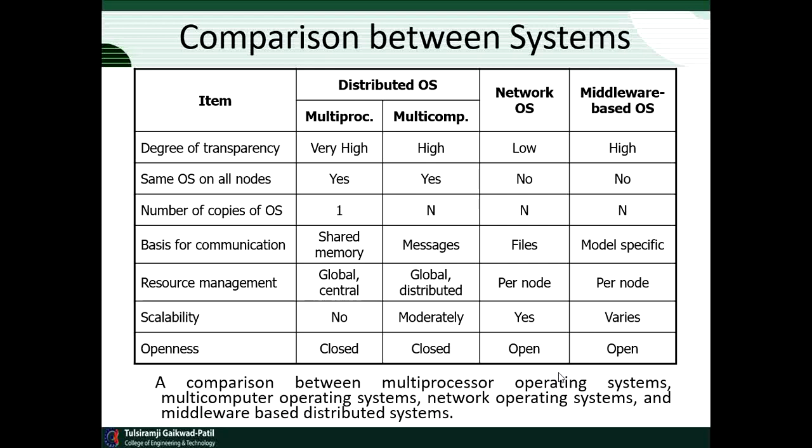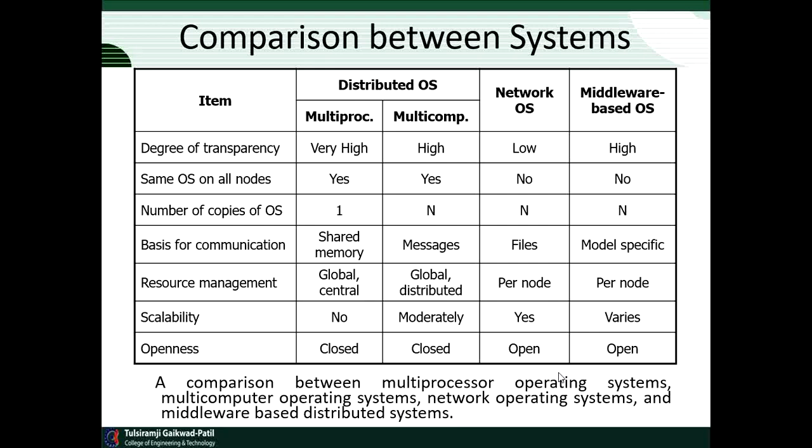Same OS on all nodes: yes, yes, no, and yes, no, no, yes, yes, no, no. Number of copies of OS: multiprocessor required 1, multi-computer required n, network OS required n, and middleware based OS required n.